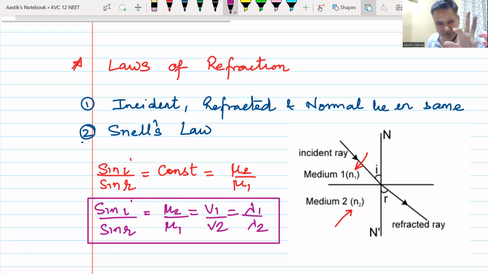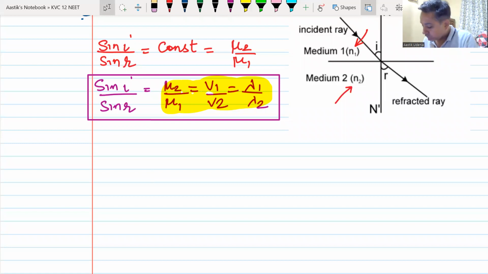Now these three we have written like this. Mu into v is constant. Mu into lambda is constant. Yes or no? Yes, sir. Can I write the similar thing here? Now see, that's the beauty of physics. I can write from this green thing. This is green and this is also green.